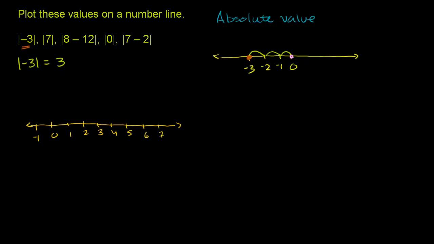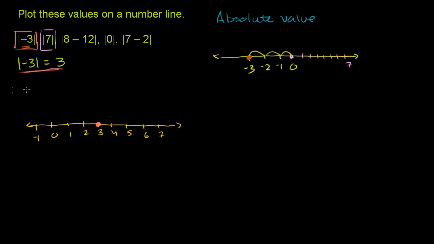So this first quantity here, I'll do it in orange. The absolute value of -3, we just figured out, is +3. So I'll plot it right over there, +3. Then this next value right here, the absolute value of 7. If we look over here, 1, 2, 3, 4, 5, 6, 7. 7 is how far away from 0? It is 7 away from 0.